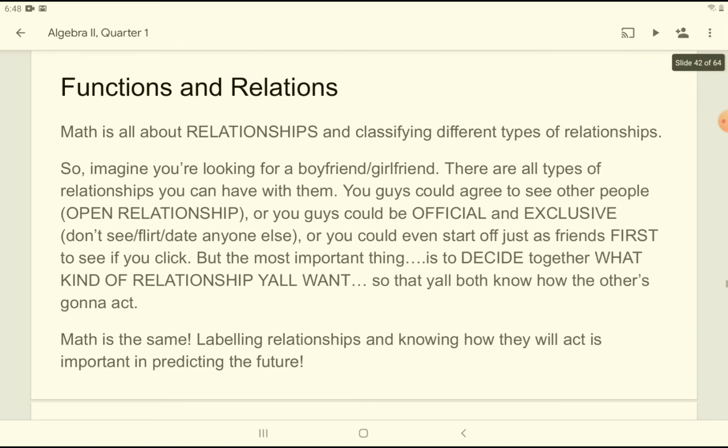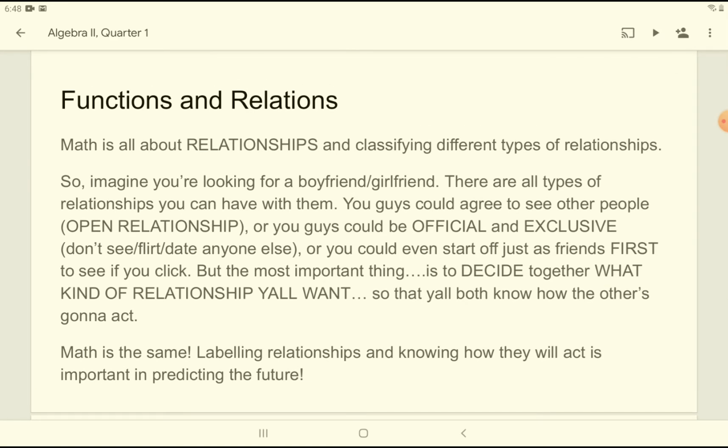Okay, functions and relations. So I'm just going to read from the screen. Math is all about relationships and classifying different types of those relationships. So there's literally hundreds of different types of relationships that exist. Really thousands, really millions, if we're being really honest.